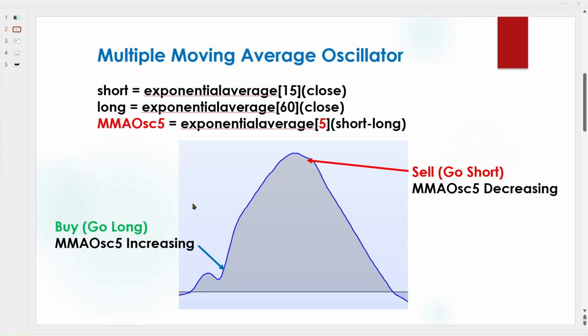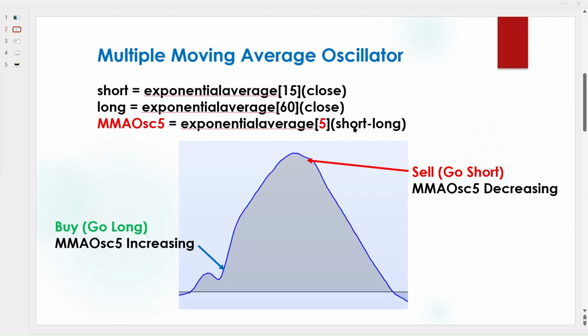So here we've got the multiple moving average oscillator, and I've covered this in previous videos, but I'll just show it here again for you guys. So again, this is a calculation. We use the multiple moving average oscillator with a period of 5 and using an exponential moving average. So basically looking at the EMA 15 using the close and long EMA 60 on the close.